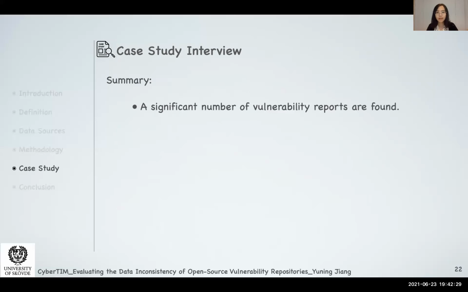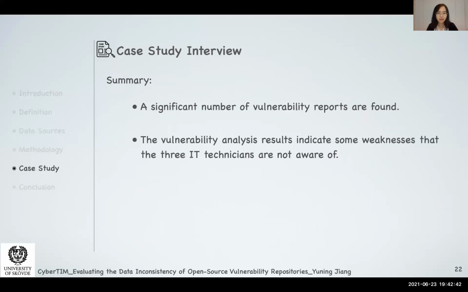Here we summarize the interview results. First, we confirm that a significant number of vulnerability reports are found using public vulnerability repositories. The vulnerability analysis results indicate some weaknesses that the 3 technicians are not aware of. One interesting example refers to the Office application component that contributes a large amount of vulnerability instances in the customer management system.